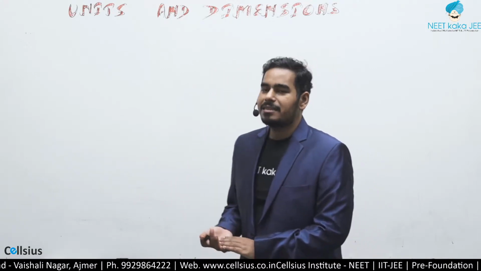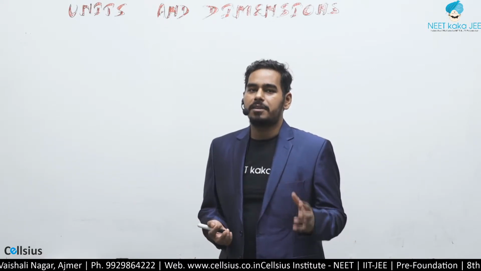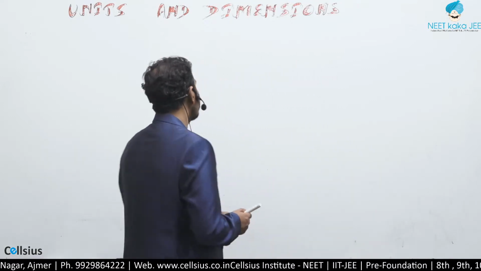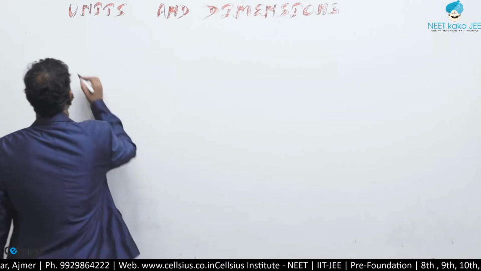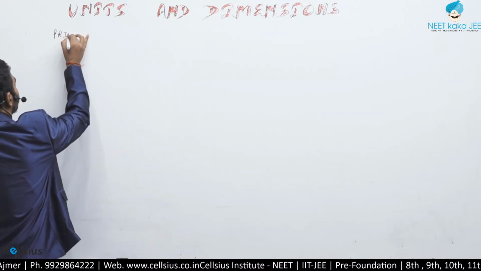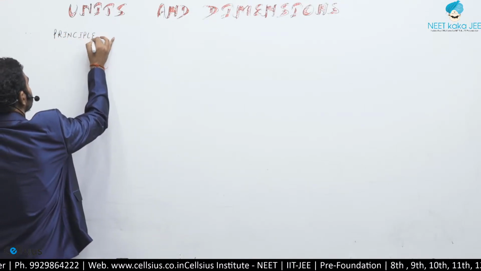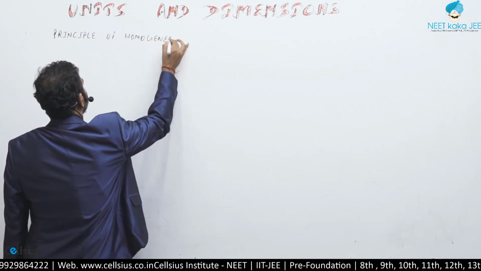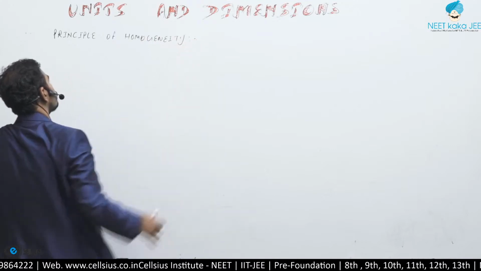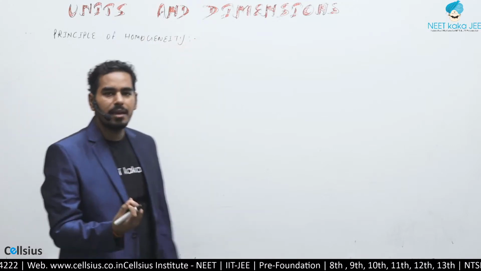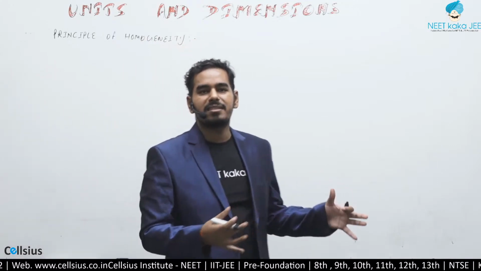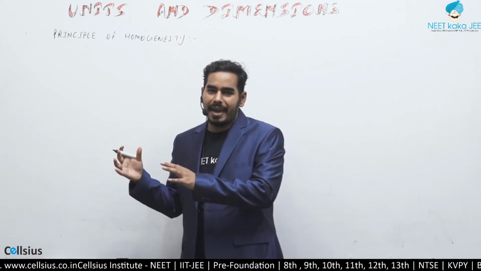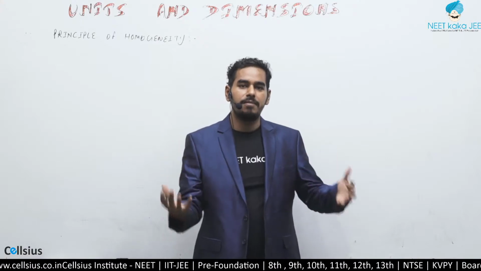So let us start first of all with principle of homogeneity, okay? So we start with principle of homogeneity. I have already taught you what is principle of homogeneity. First of all, what is homogeneous? Homogeneous is something which is throughout showing the same characteristic, which is showing a particular characteristic without much deviation.